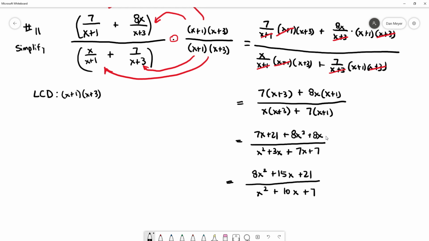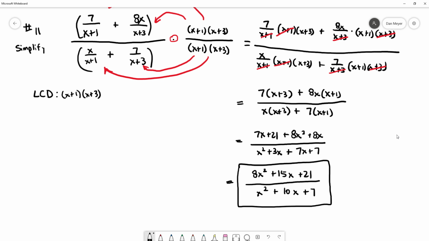Okay. Now neither the top nor the bottom is going to factor any further. They're both prime quadratics over the integers, and so this will be my final answer here.